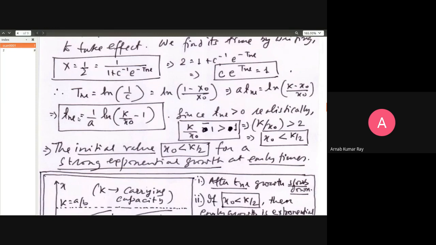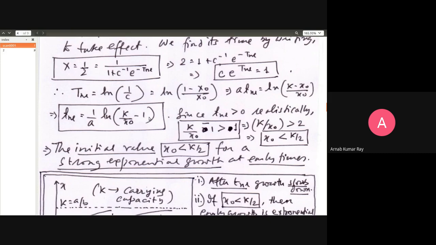Now let us just look at this thing. Nonlinear time must be a positive quantity. Time is a positive quantity, whatever, linear, nonlinear, whatever. Realistically, that is what it should be. So if that should be positive, then log of this thing, k by x naught minus 1, should also be a positive number. But for log to be a positive number, its argument must be greater than 1, because log of 1 is equal to 0, log of a number less than 1 is negative, and log of 0 is minus infinity.